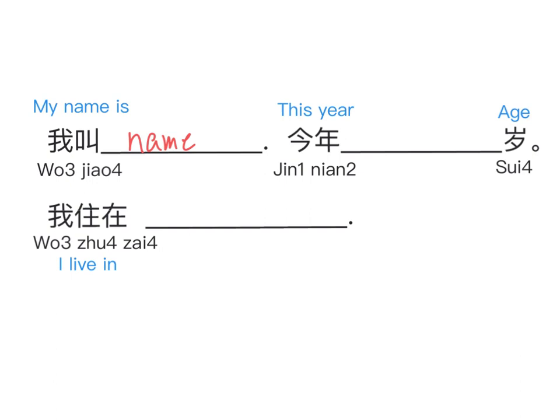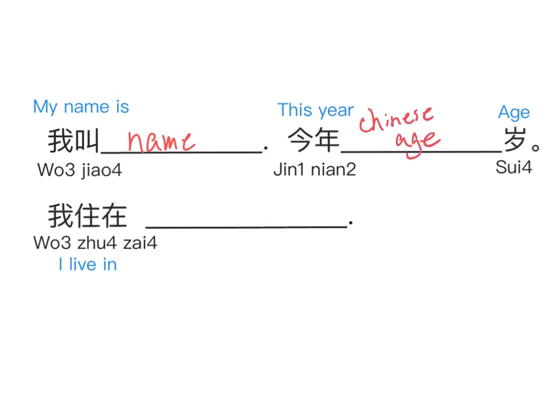The next one, we had 今年. 今年 means this year, and then 岁 is age. Now, you have to provide your age. But in this case, since you already know Chinese, you have to provide your Chinese age, or basically a Chinese translation of your age.